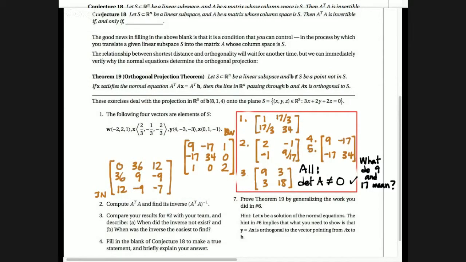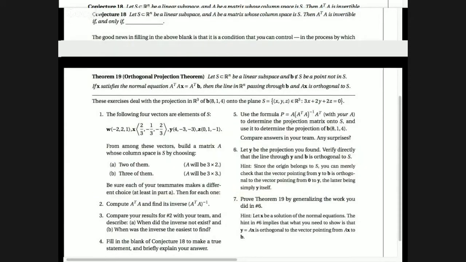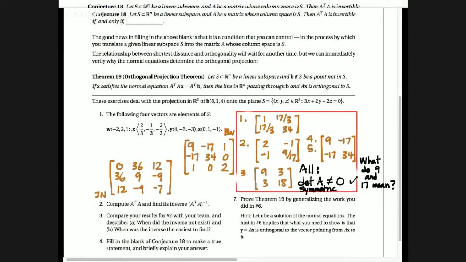Group 4, thank you, Brian, submits that they are all symmetric matrices. Now remember what symmetric means for a matrix. It means that if we reflect the entries of that matrix across its main diagonal, so for example, if I look at this matrix here, the matrix that team 4 and 5 contributed, its main diagonal goes down the entries 9 and 34.